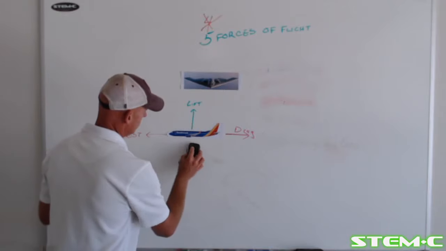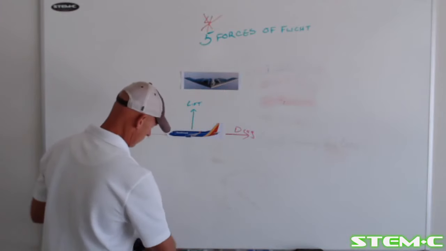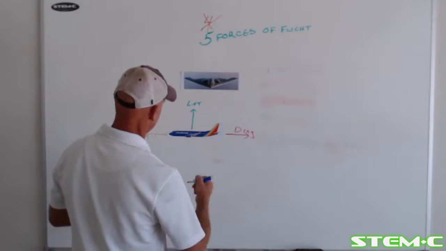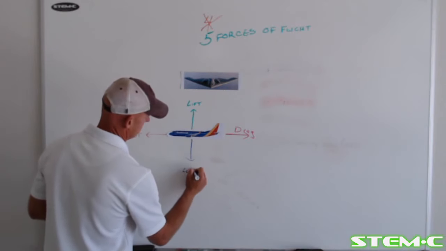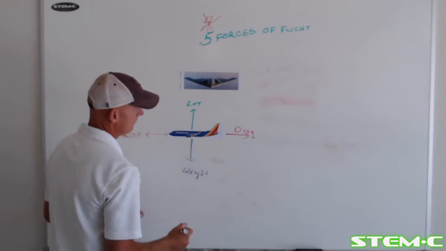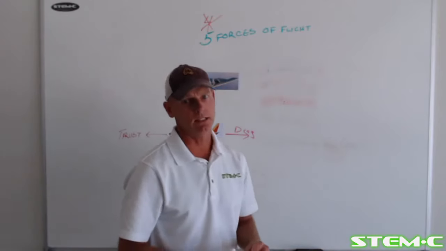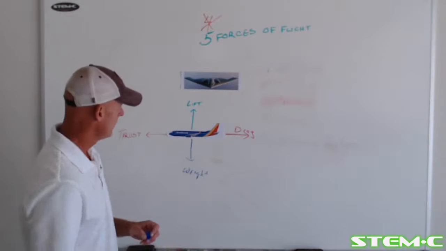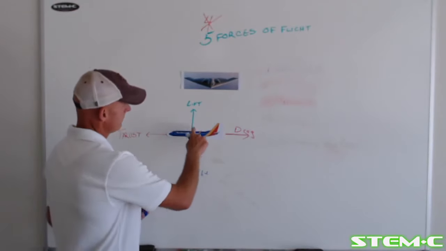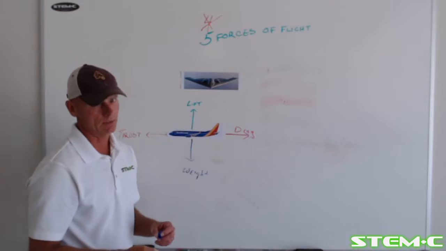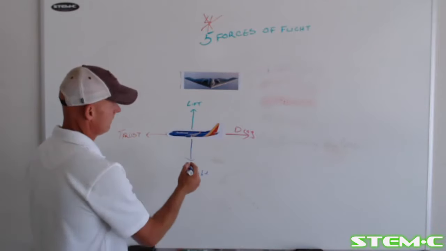I absolutely hate when this drawing is drawn like this. The reason why I absolutely hate this, and you see it in so many textbooks, is it's already setting up a misconception that weight is directly under lift, and that is not the case.